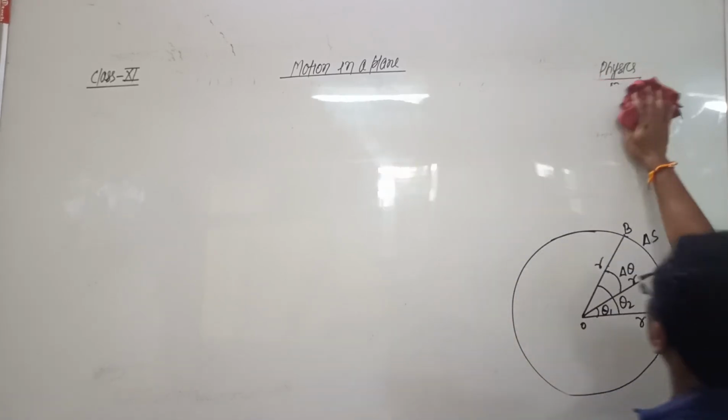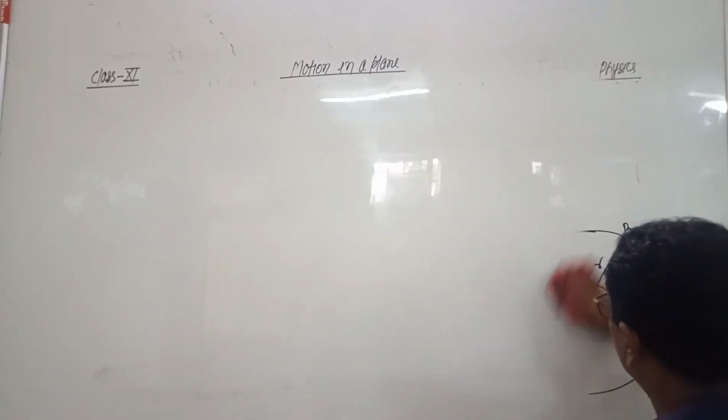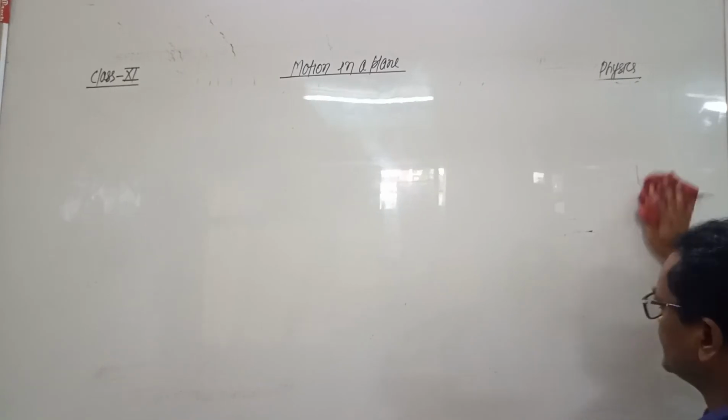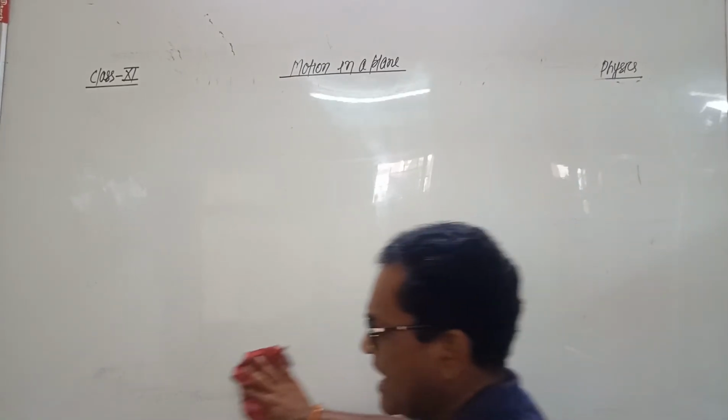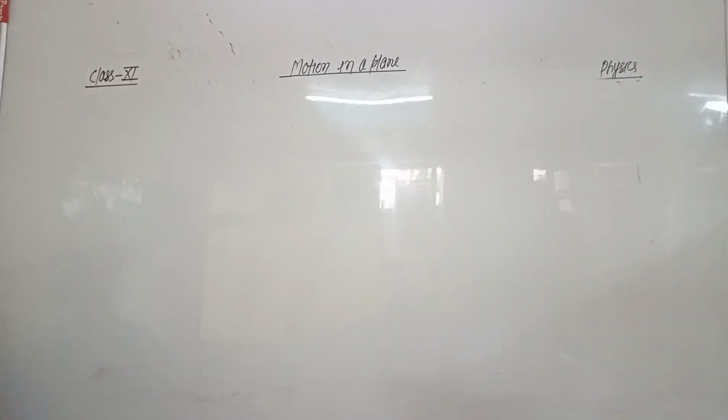So the angular displacement, the angle swept out by the radius vector in a given interval of time, delta theta, equals delta S by R.